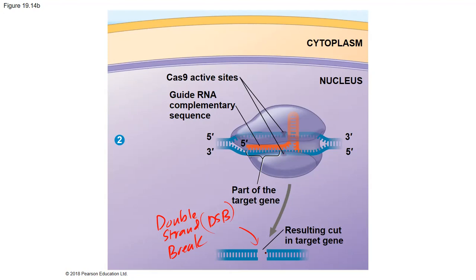So now, what happens next depends on many parameters. But you have to understand, the CRISPR-Cas system only introduces DSBs to the DNA. What happens next has nothing to do with the Cas9.